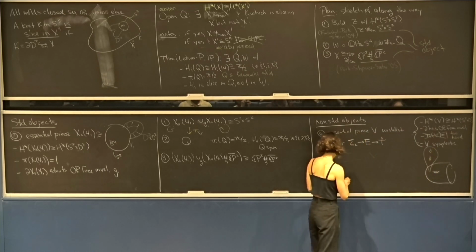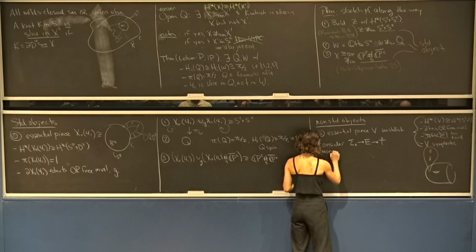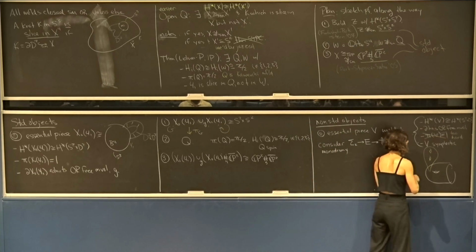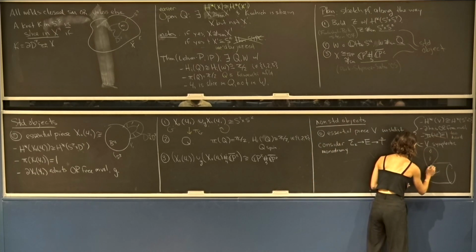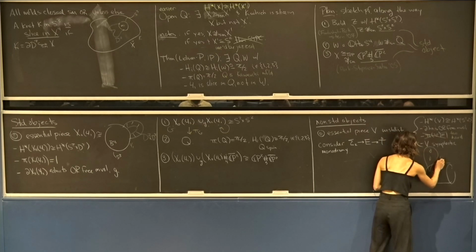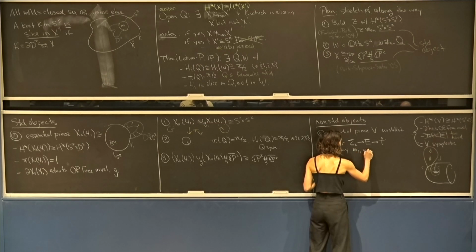Something like this. And this is going to have some monodromy. Let's just give it a name. Maybe if you have curves like C and D in the base, then your monodromy, maybe you want to call it MC and MD.